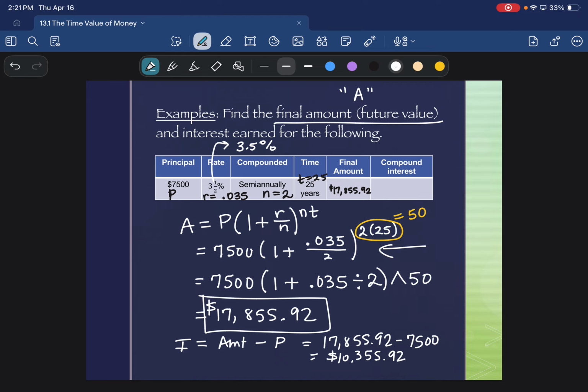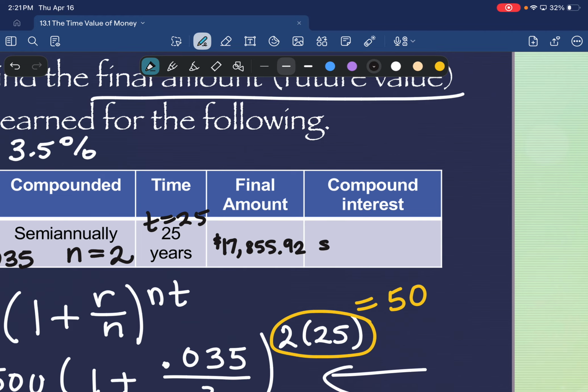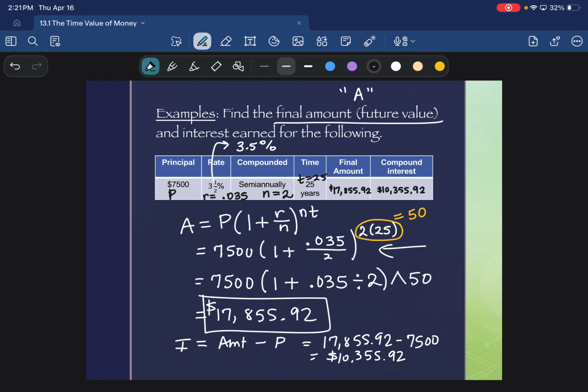Is that right? Yes? Excellent. And that would go in this top box here. 10,355.92. Is that realistic for an amount of interest that could be accrued?